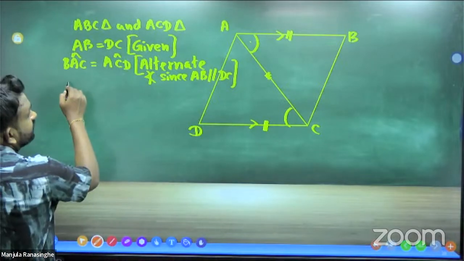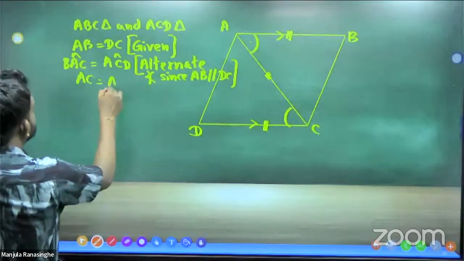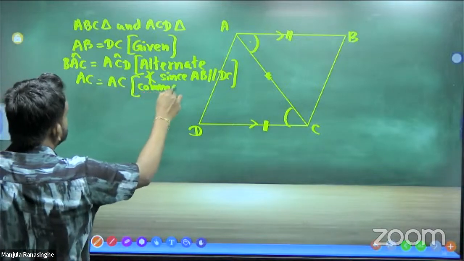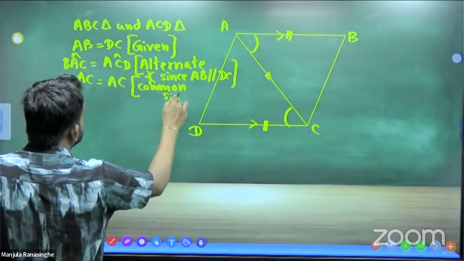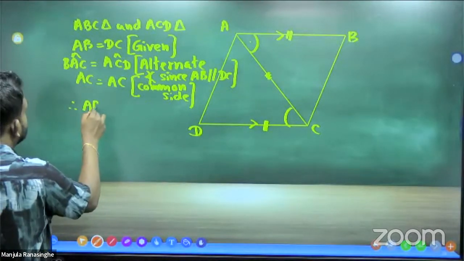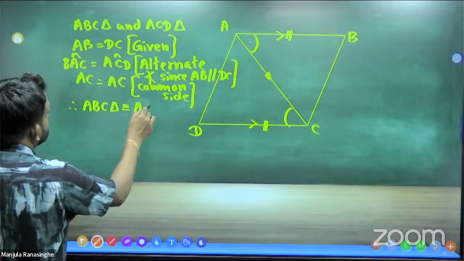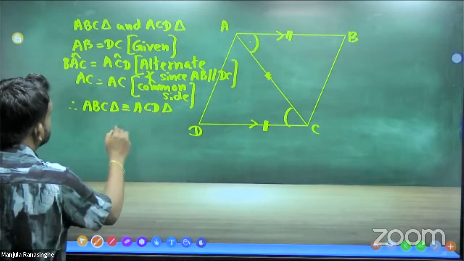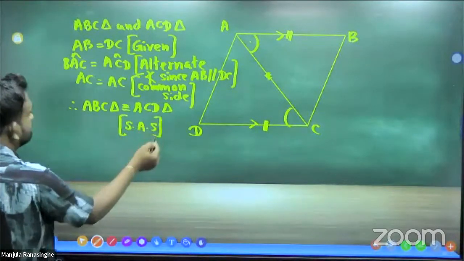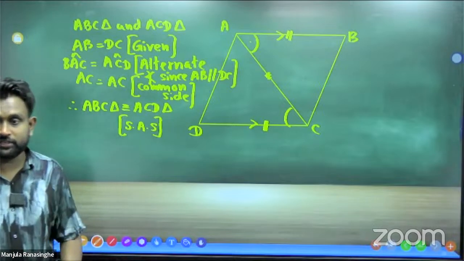Then you write AC equals AC. What is the reason? That is the common side. Therefore, you can say that triangle ABC is congruent with triangle ACD. Under which case? Side-angle-side case. Okay, so that is the specialty here.